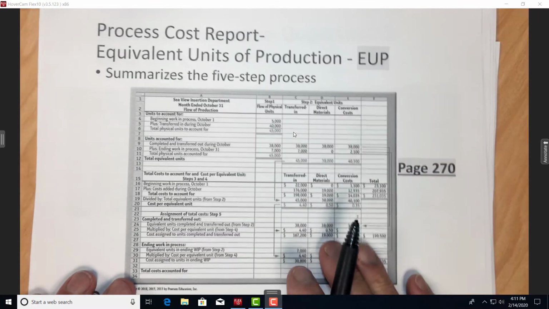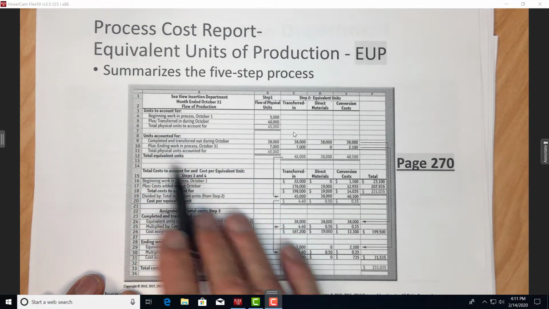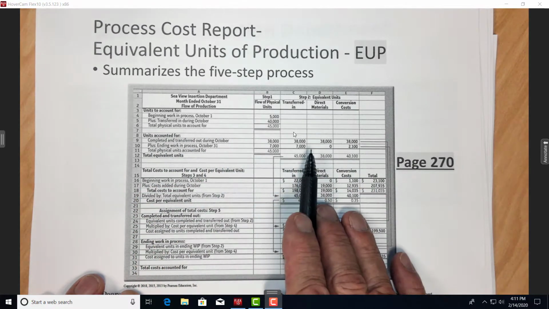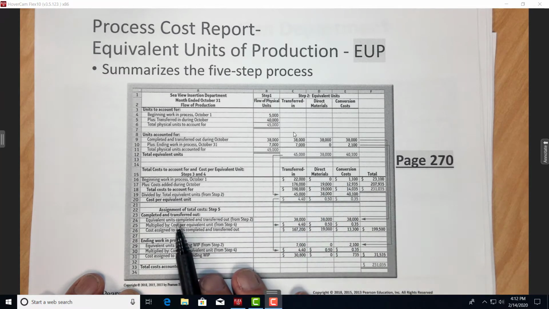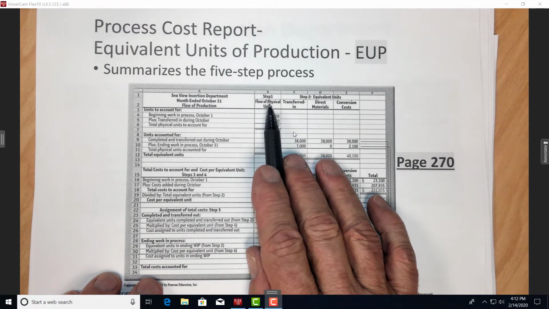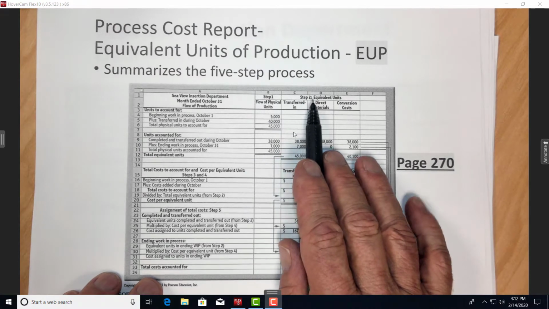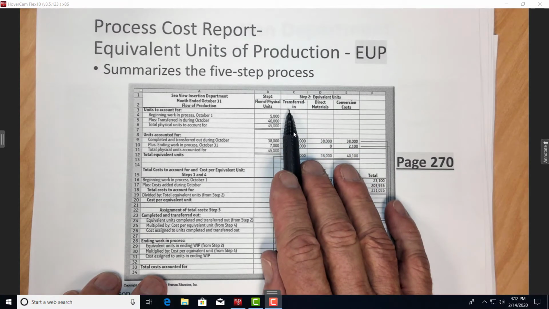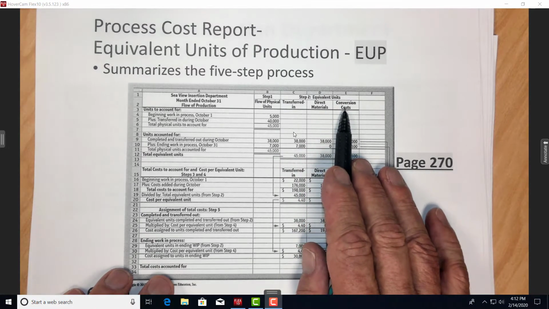So this is what we're targeting to be able to do under process costing: figure out the physical units, and then we're going to cost in steps 3 and 4. Step 1 is the flow of physical units. Step 2 is equivalent units, and we're going to transfer in direct materials and conversion costs.